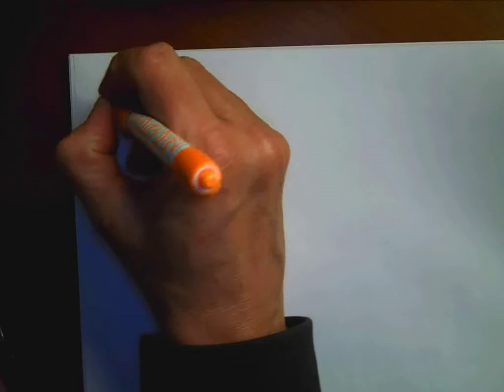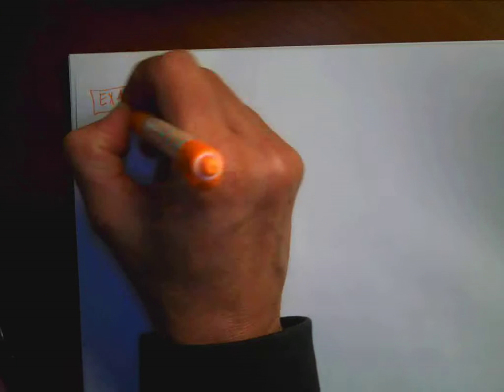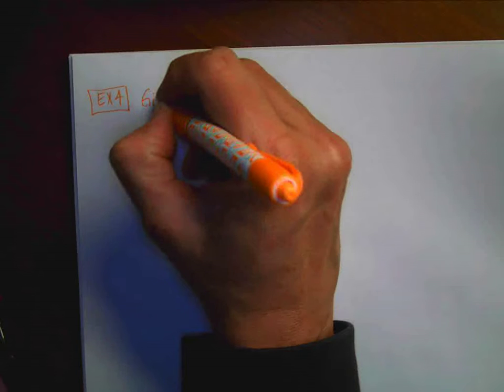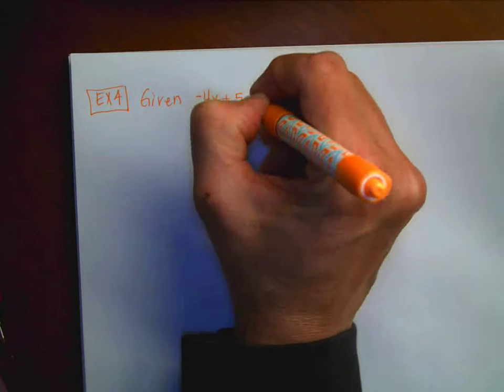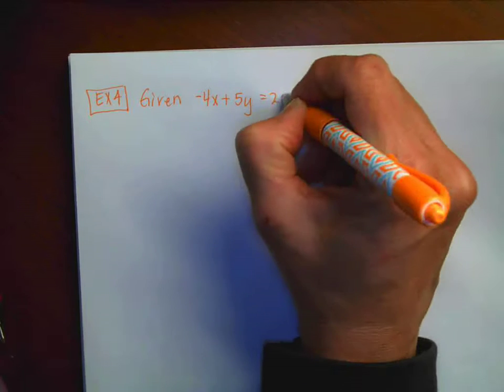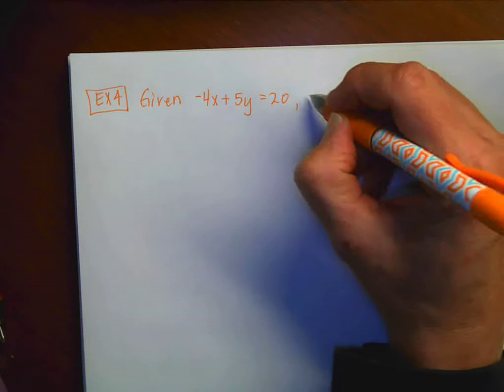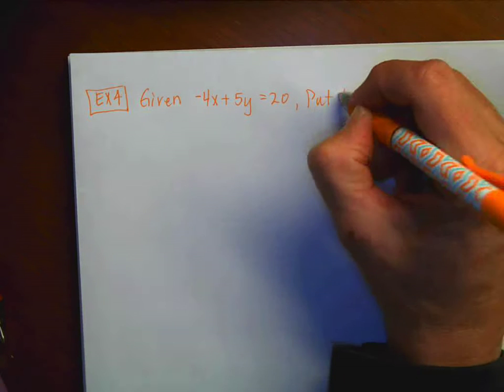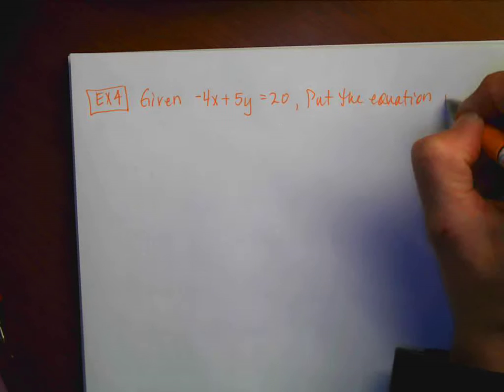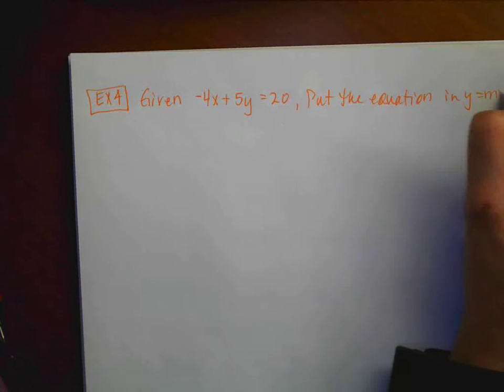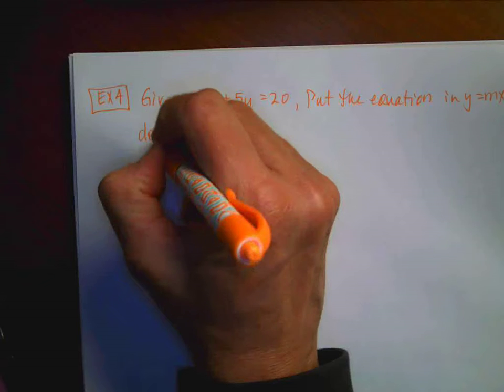All right, for our next example, example number 4, we're going to be given a negative 4x plus 5y is equal to 20, and I want to put the equation in y equals mx plus b form.